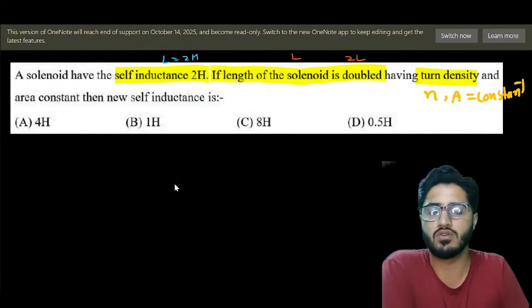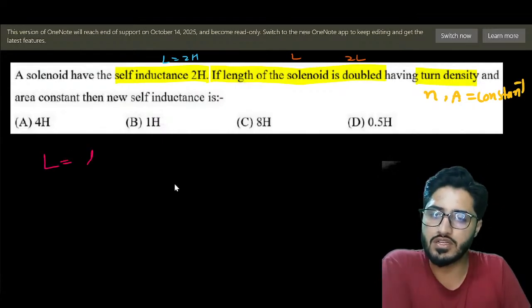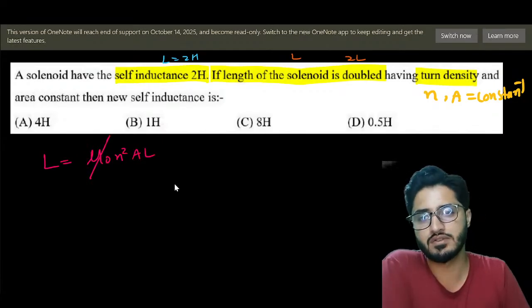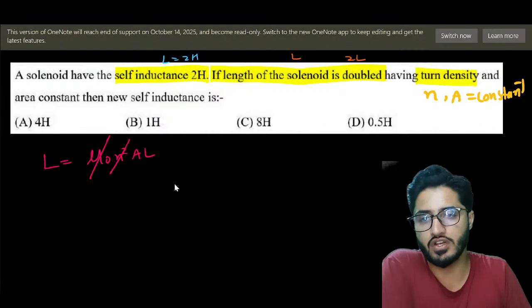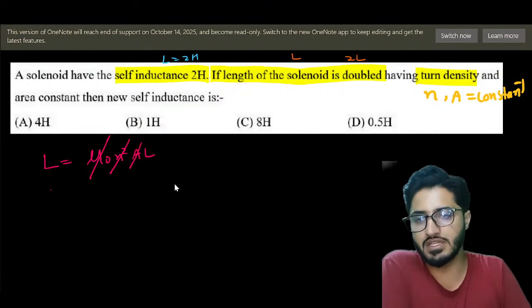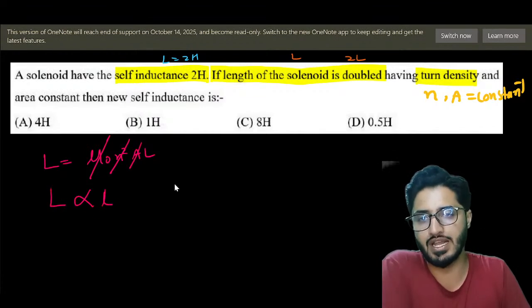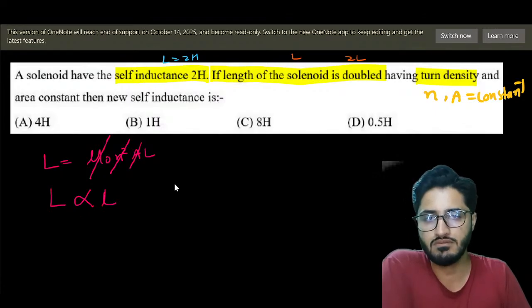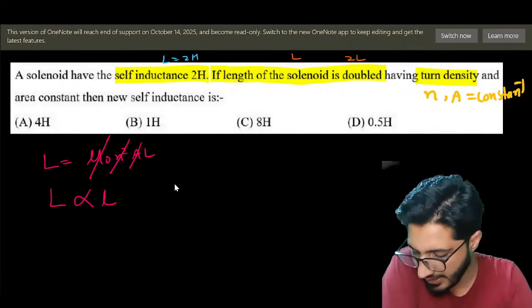How can we proceed now? What is L? It is mu naught n square A l. Area is constant, so inductance is proportional to the length.